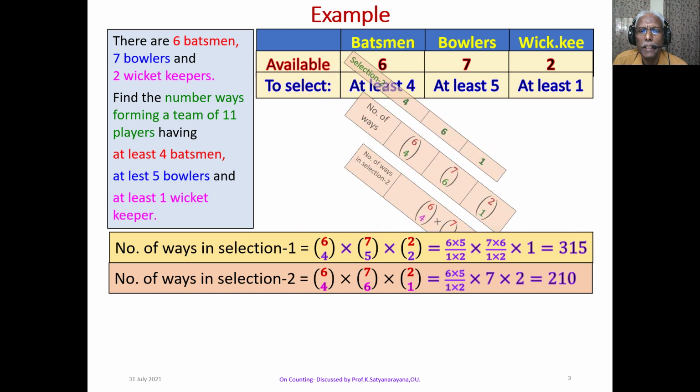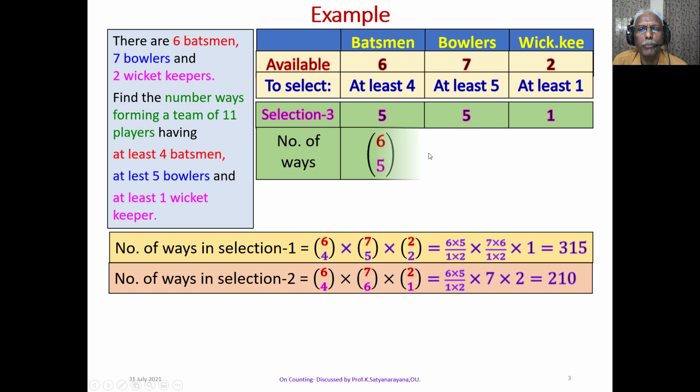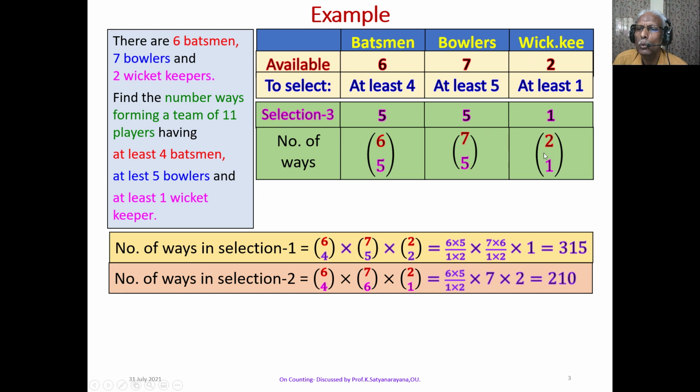We go to the next selection. The next selection will be selection 3, 5 batsmen out of 6, 5 bowlers out of 7, 1 wicket keeper out of 2. So 5 plus 5 plus 1, that is 11. So the number of ways will be 6C5, 7C5, 2C1.